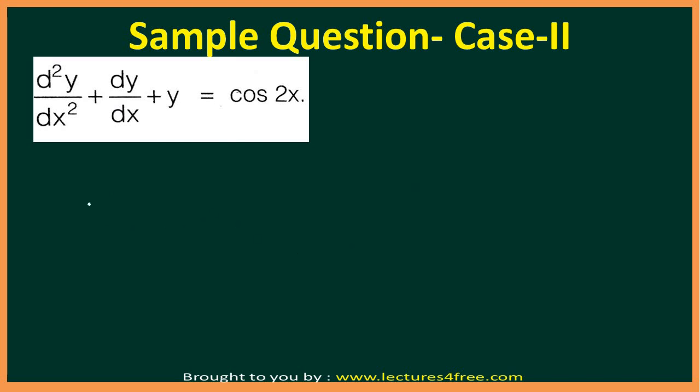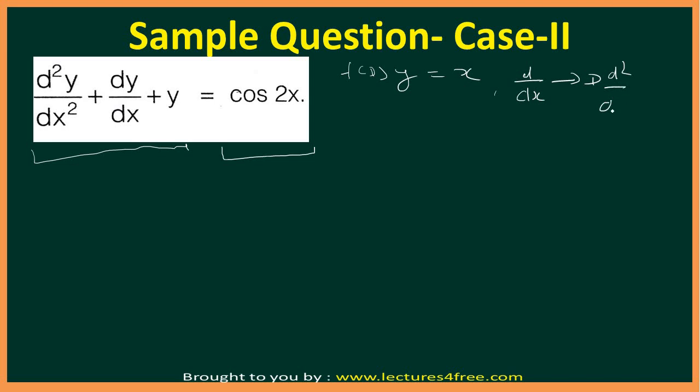Now the question: the left hand side is a differential equation, and the right hand side is a cosinusoidal function, because here capital X is cos 2x. So you can write it as a function of D times y equal to X. Put d/dx as D and d square/dx square as capital D square.